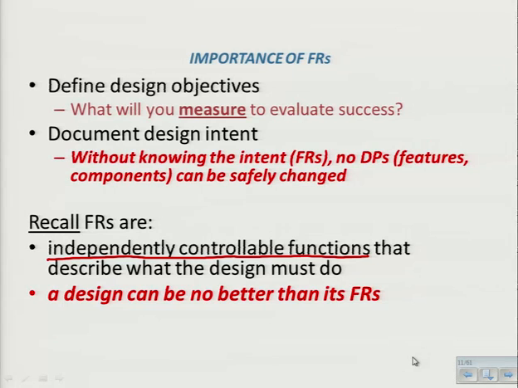Is this something that needs to be adjusted so we get the outcome and we provide the customer with what they need? So the FRs are what we're designing to. A design will be no better than its FRs. If you choose the wrong FRs, you're not going to have a good design.